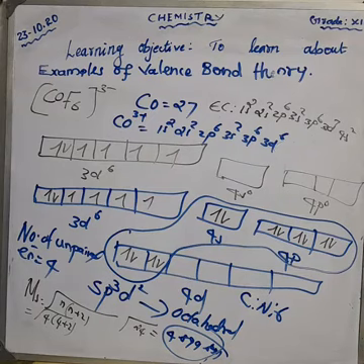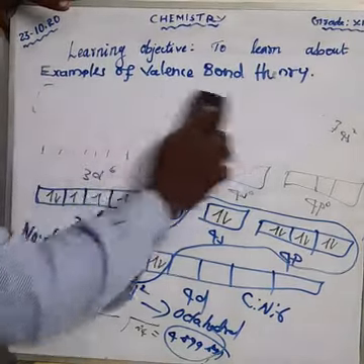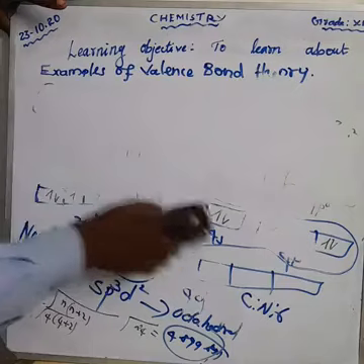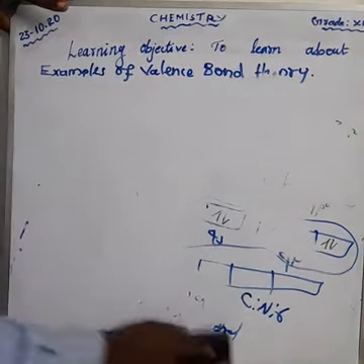Next you should learn about the limitations. This VB theory has some limitations, and you should learn what they are. The limitations are an important point and an important question. What are the limitations of valence bond theory?